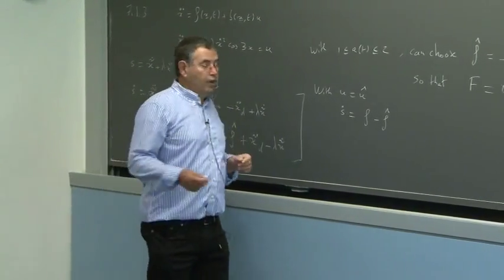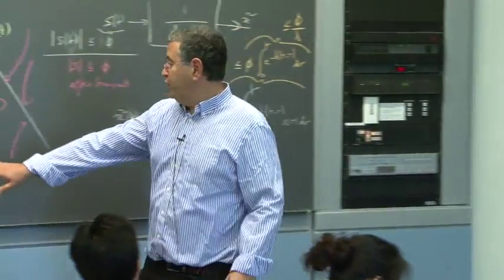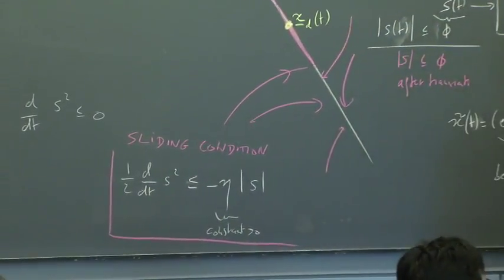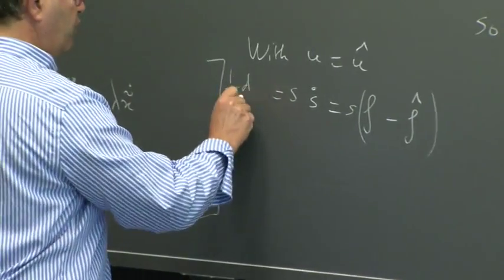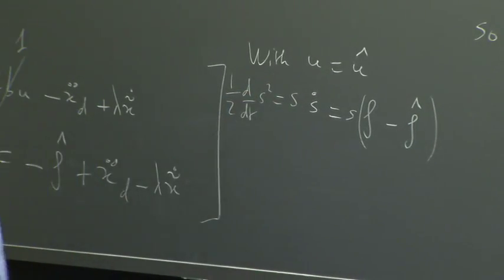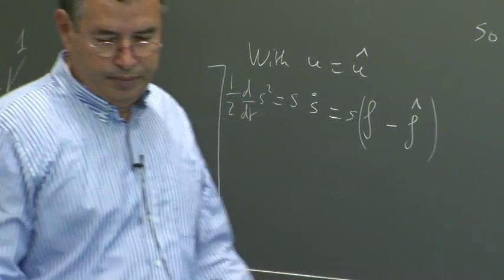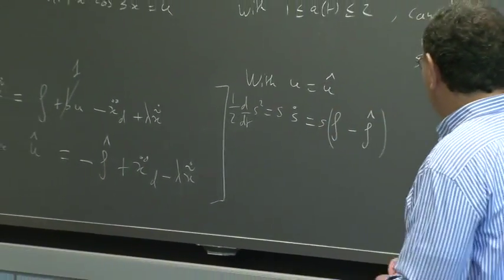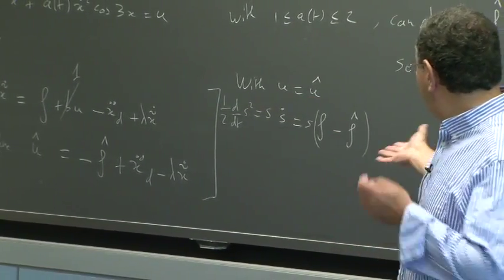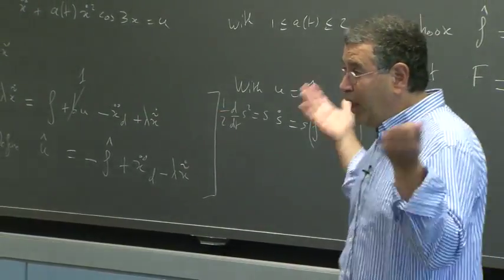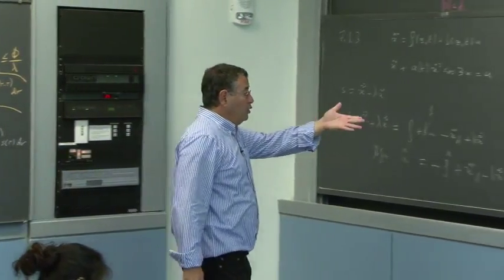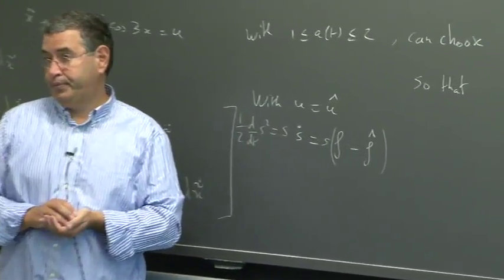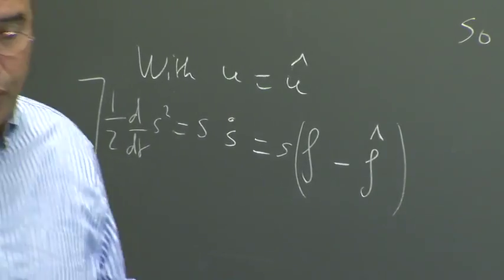Now, if we compute 1/2 of d over dt of S squared, we get S times S dot. So if we just apply u equal u hat, and compute this quantity, which we would like to be less than minus eta absolute value of S, well, we see that that's not good enough. So we have to do better than that.